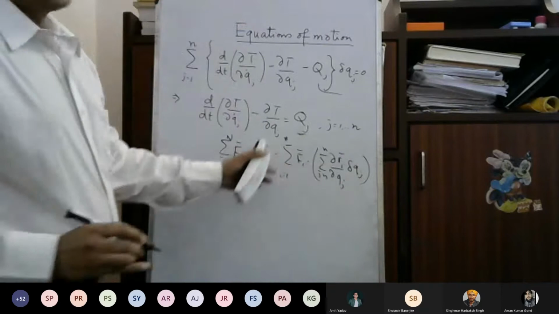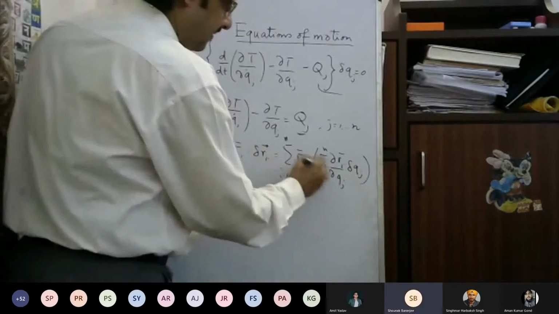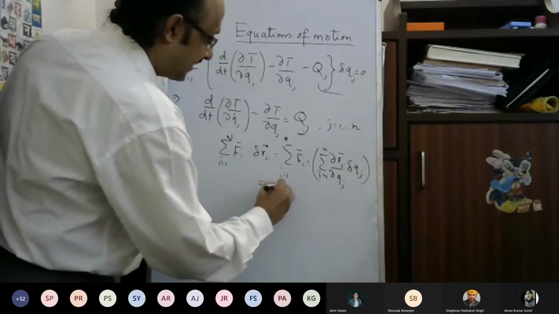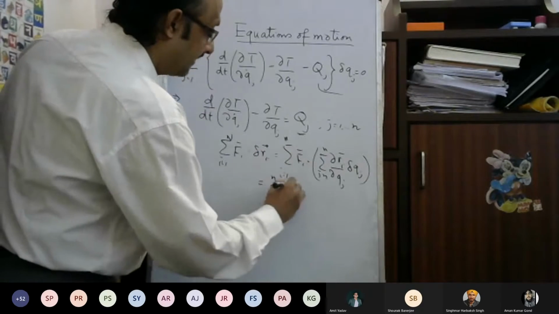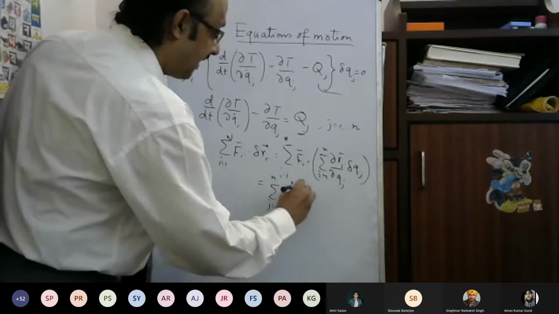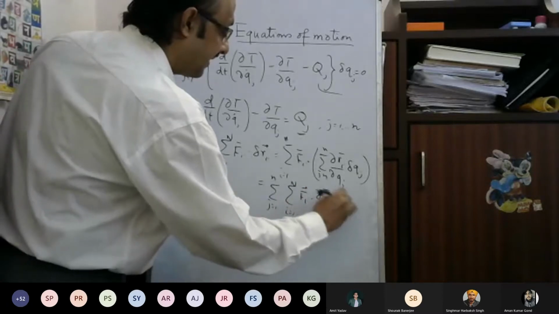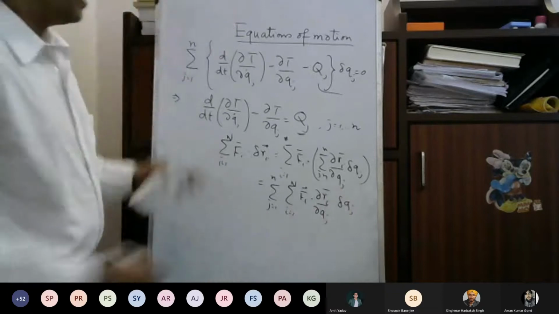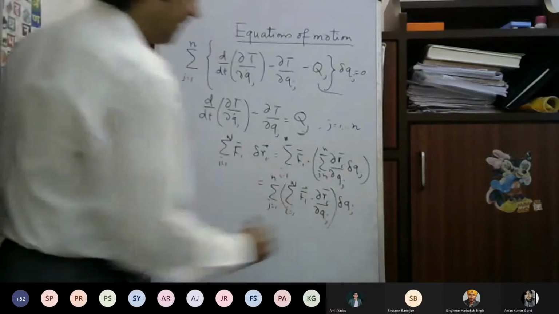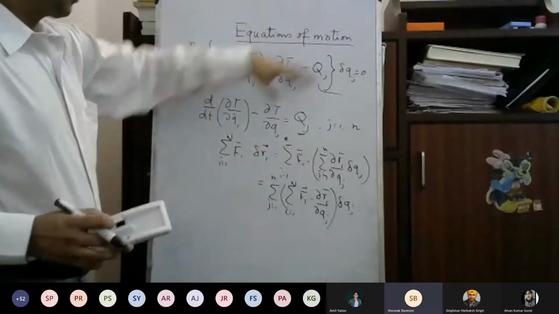So what I did, I interchanged the summation sign, and this becomes the sum over j equal to 1 to n, then i equal to 1 to capital N of Fi dot delta Ri delta Qj, times delta Qj. This particular term I consider as Qj. It came in the equation of motion, in the derivation from the virtual work principle.